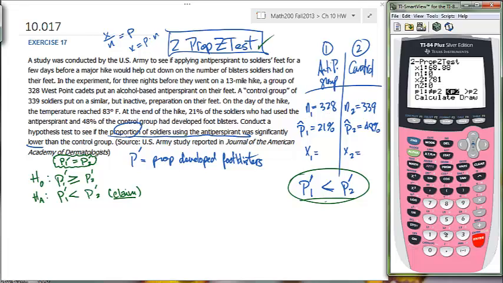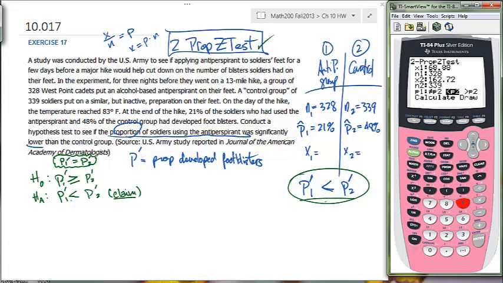Our n is 328, and then our x2 is a product of 48% and 339. Again, this is a decimal, so we want to round this off appropriately, but I'll leave it like that again to set another example. Our n is 339.